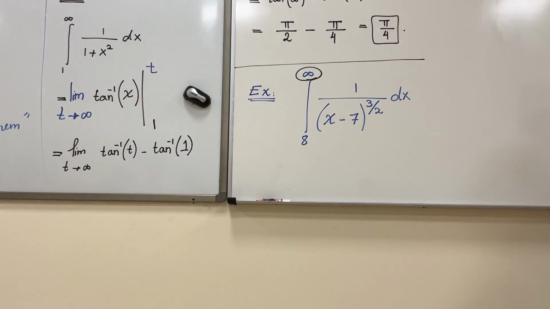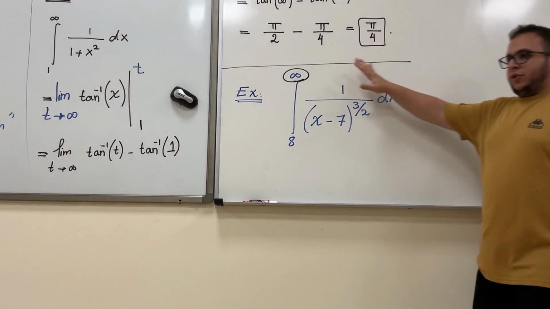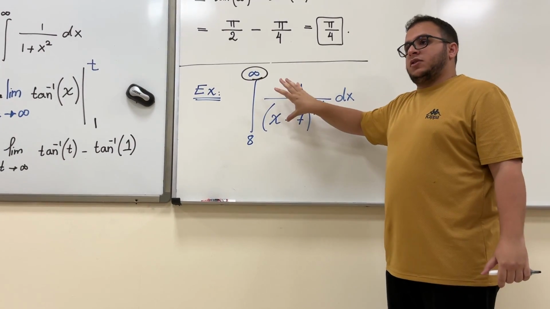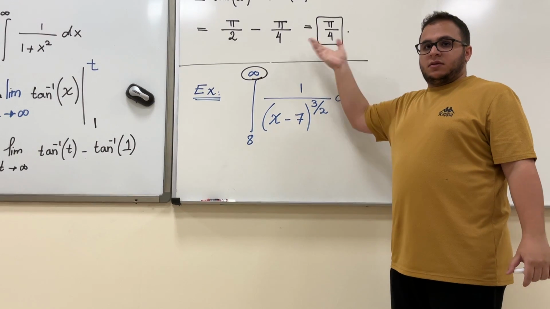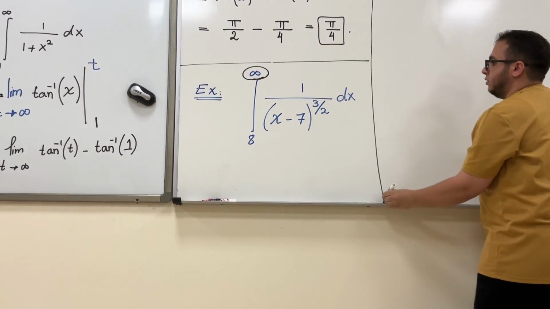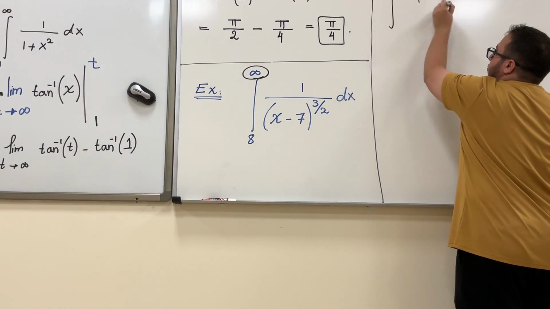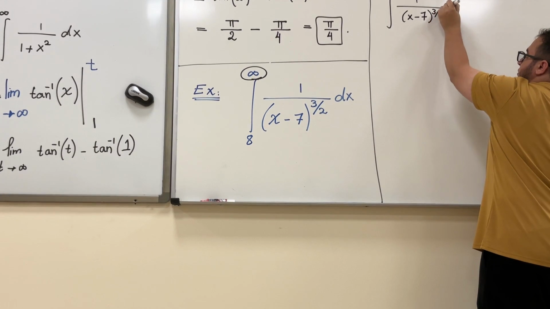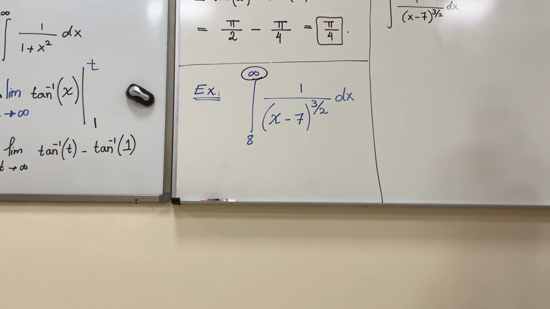Now forget about the integration itself and the bounds and everything. If I give you this function, 1 over x minus 7 to the power 3 over 2, how do you integrate it? Going back to the previous sections. Does anyone know? Power rule. You can use the power rule.